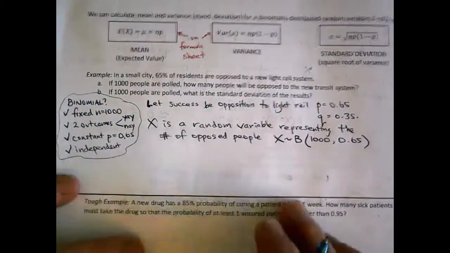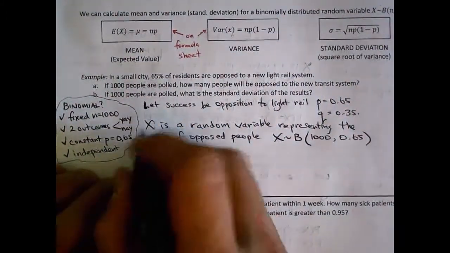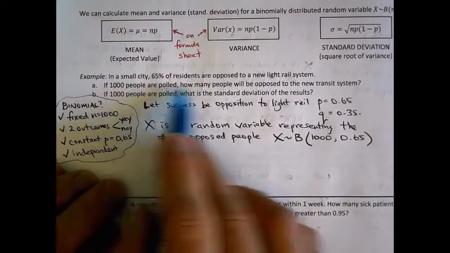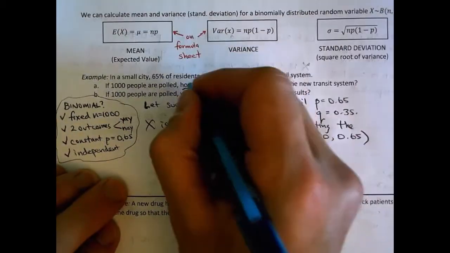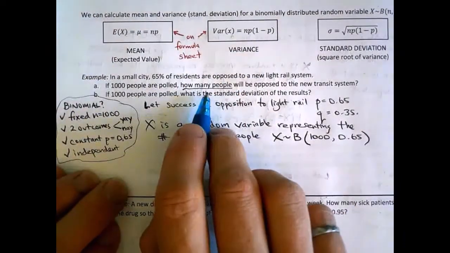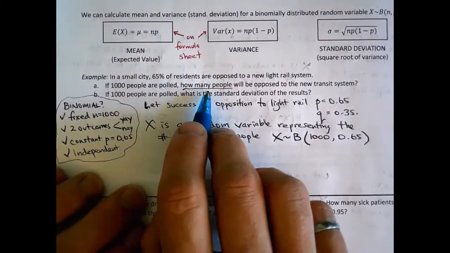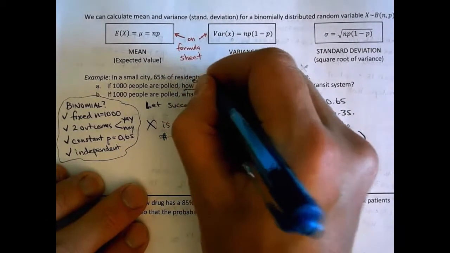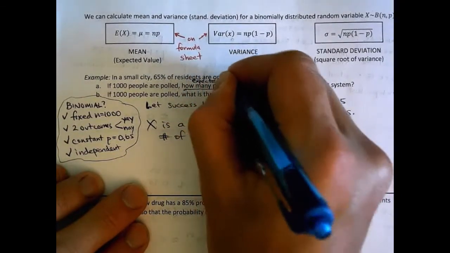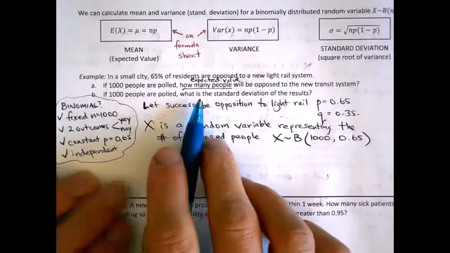Phew. So now we just use our formula. It's very easy. If 1,000 people are polled, how many people? So this is not asking me for a probability. This is asking for how many people, or the expected value. This is where people get confused. But it's not asking you for probability.